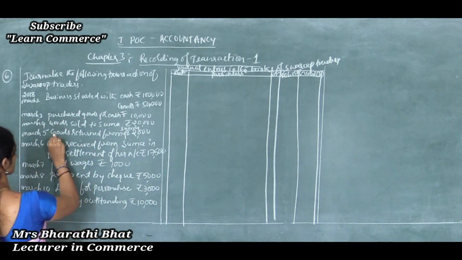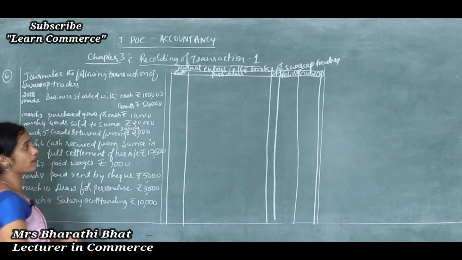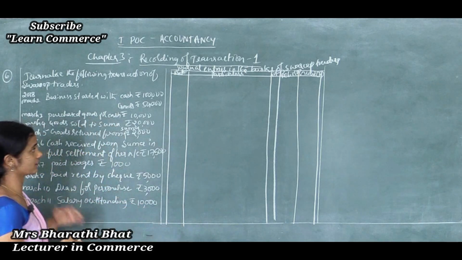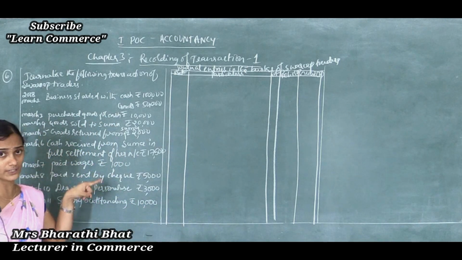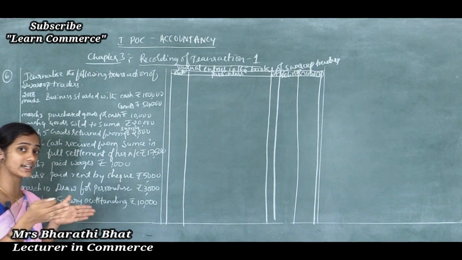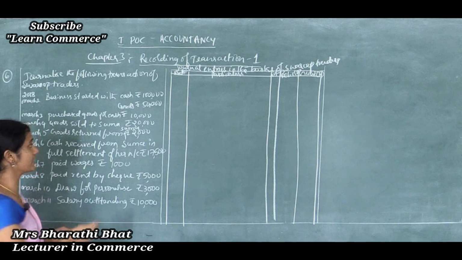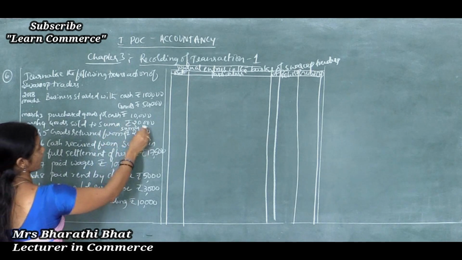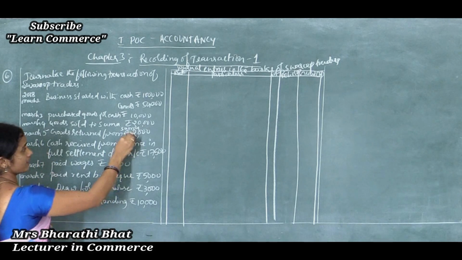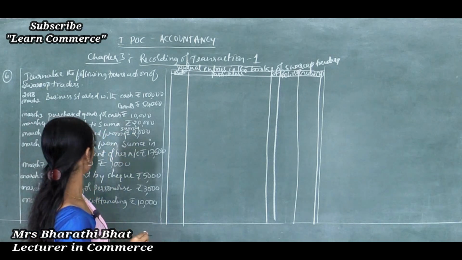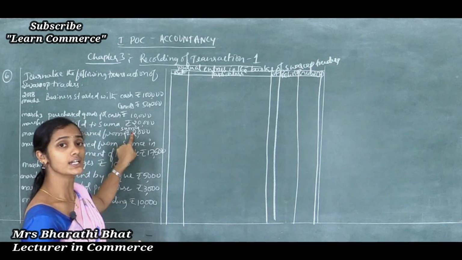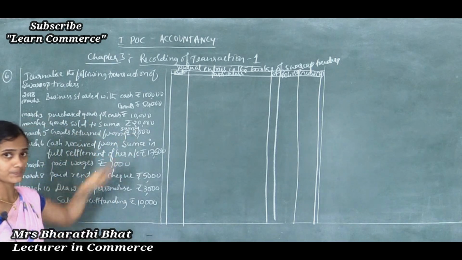The next day, goods returned from Suma because of some damage or other demerits or disadvantages of that particular product; goods returned from the customer to the seller. That is rupees 2,000. One is sales, and this one is considered sales return.